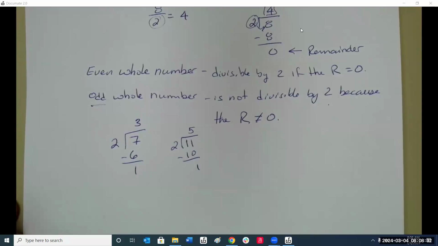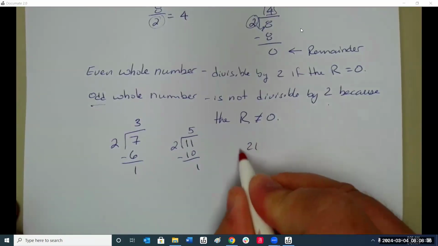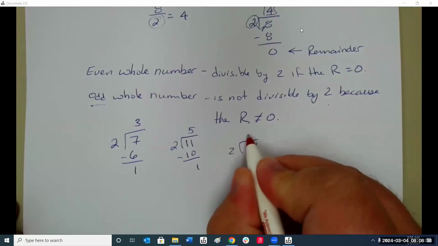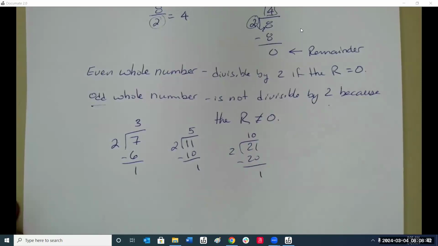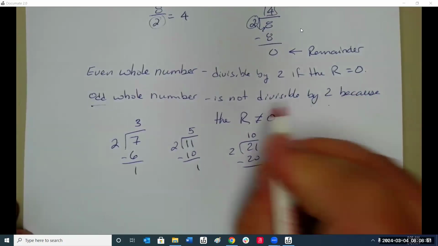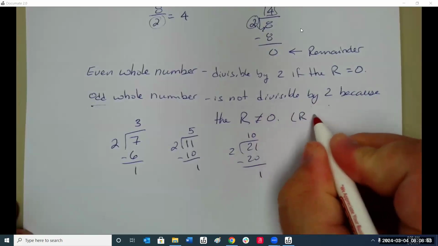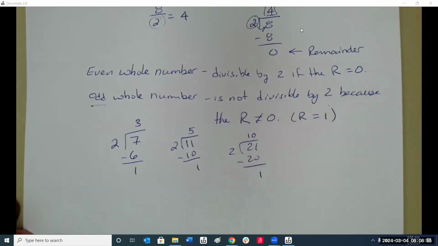You see a pattern forming here? 21. 2 goes into 21 10 times. So if you divide an odd number by 2, what's your remainder? The remainder will always equal 1.